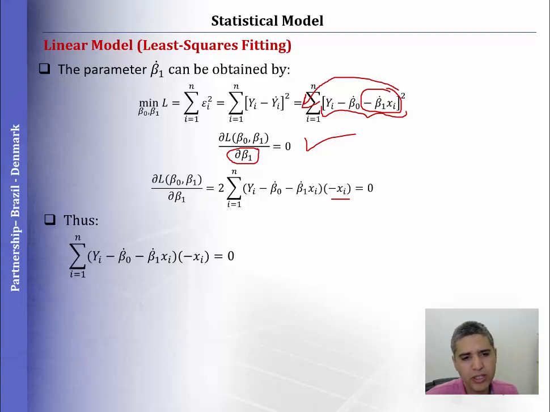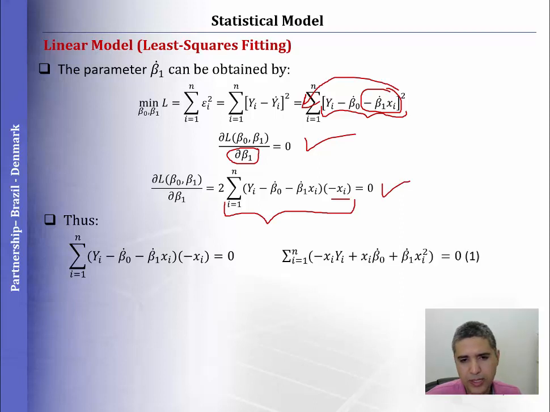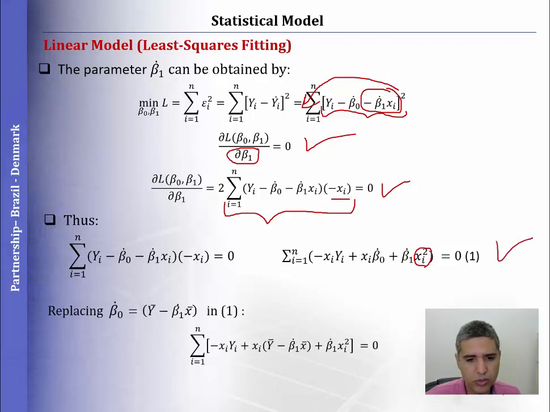So developing this expression, we must consider that this expression should be equal to 0, and then we have xi multiplied by yi plus xi multiplied by beta 0 plus beta 1 multiplied by the square of xi, and it should be equal to 0.